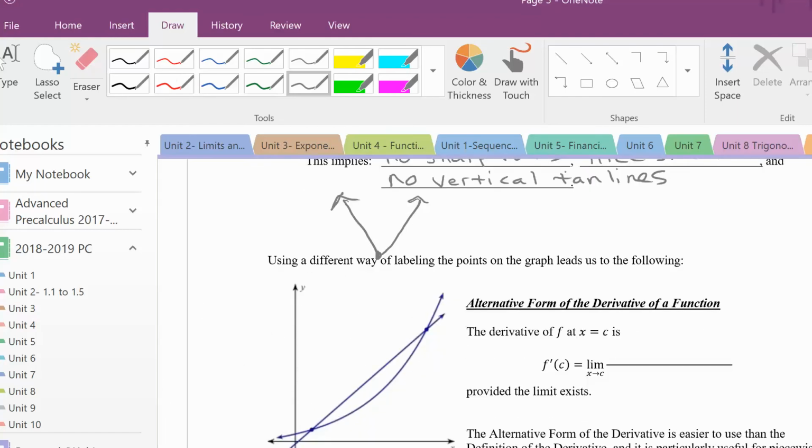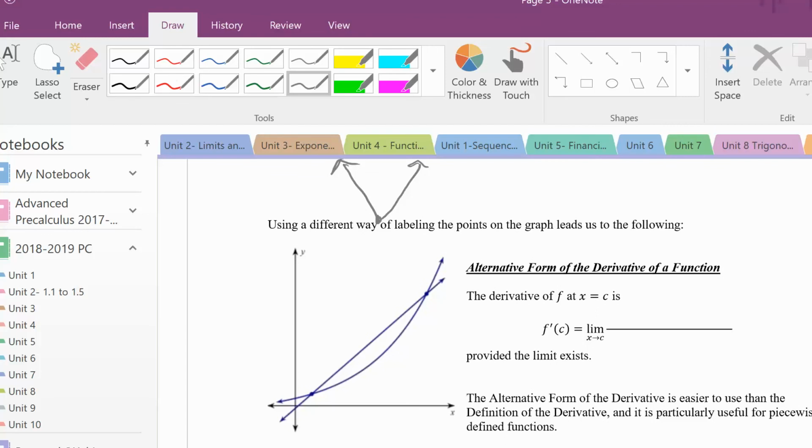So far, we've talked about how to find the derivative of a function, meaning the equation of the slope of a line. But let's say we're trying to find the derivative of a function at a certain point, meaning the slope.